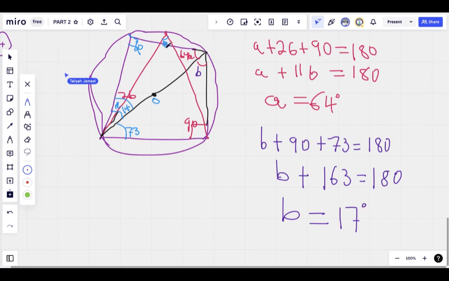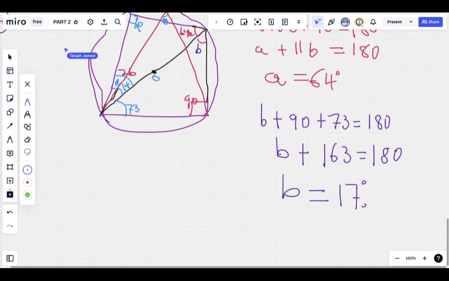Now, remember they say we should find this angle. Because of angles in the same segment, since this angle B is 70, this angle theta will also be 70. Angles on the circumference that are standing on the same segment are equal.